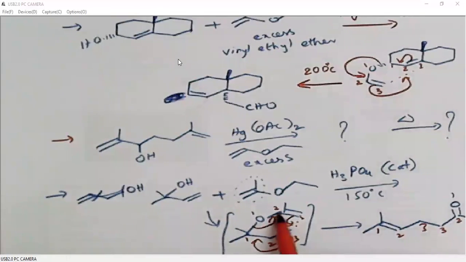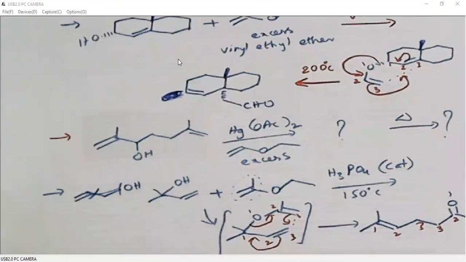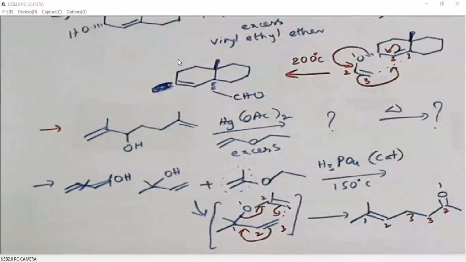So on the second carbon we have oxygen, so it becomes carbonyl. We also have a methyl group, so it becomes a ketone. So using Claisen rearrangements, we can also prepare ketones, not only aldehydes. Here we get around 93%.